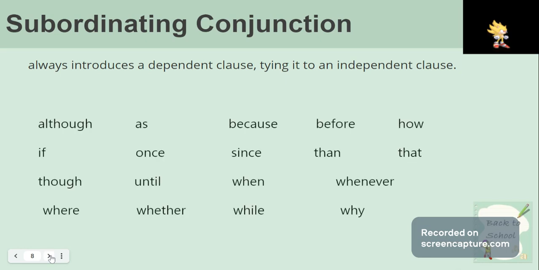For example, these subordinating conjunctions: although, if, though, where, as, once, until, whether, because, since, when, while, before, then, whenever, why, how, and that. These are only a few, and the most common ones. There are more of the subordinating conjunctions.